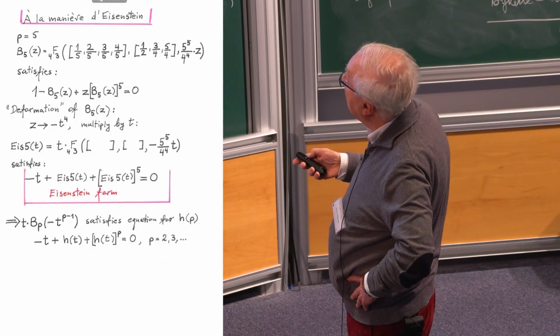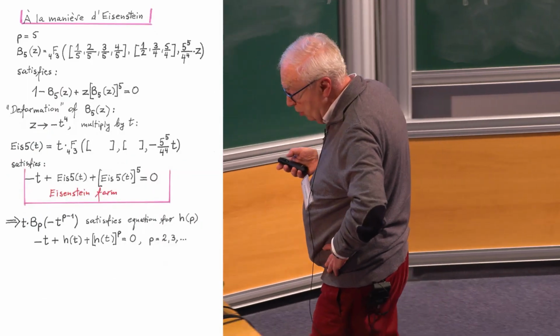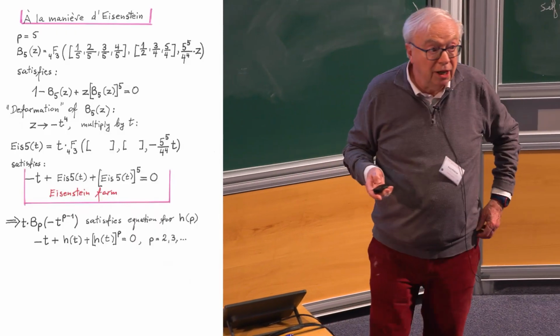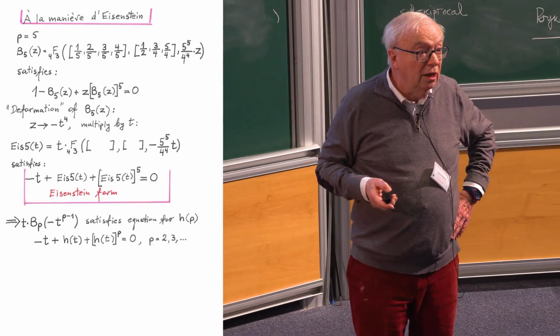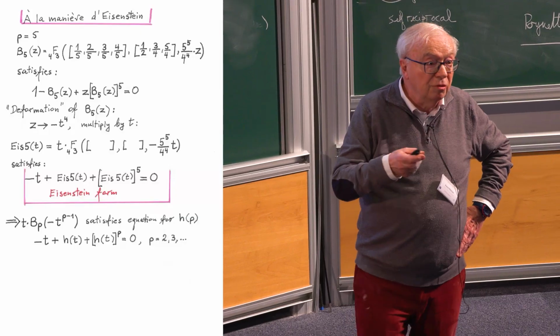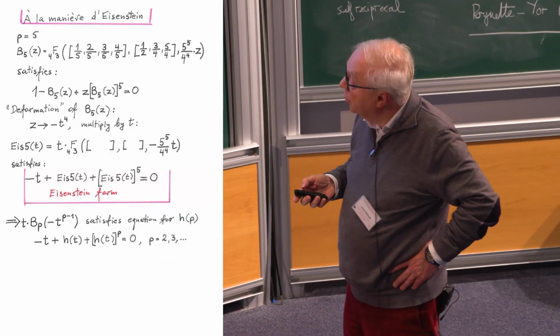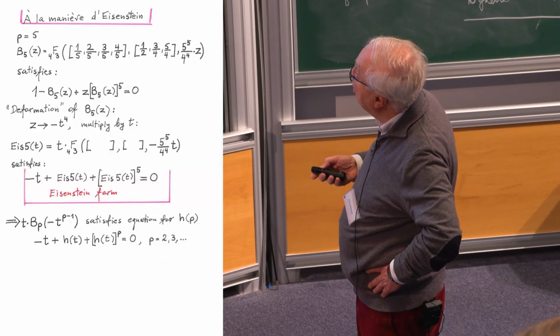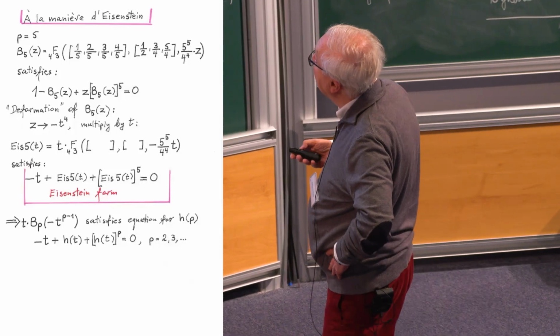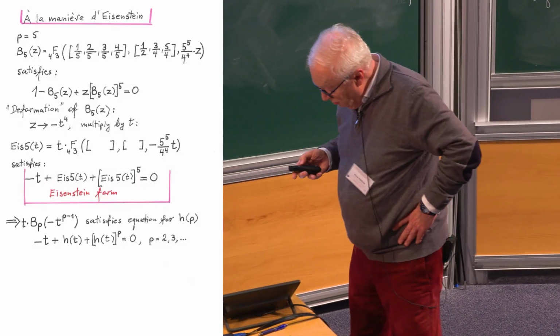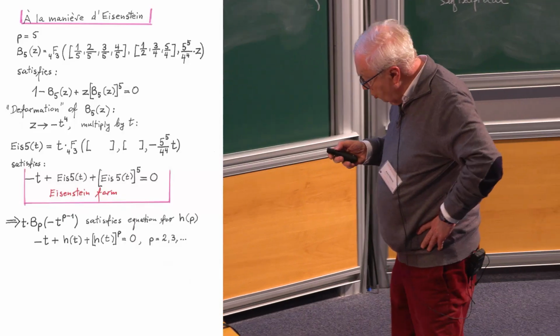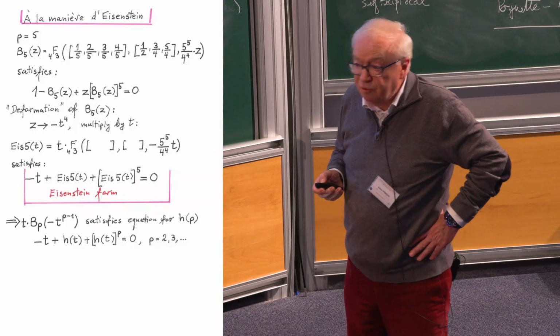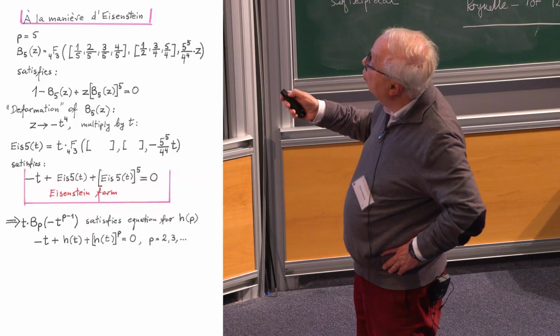And as a last thing, I will make contact with a very historical element which dates from the 19th century. It is the problem of Eisenstein, which is very much related to the value p equals 5. Why?